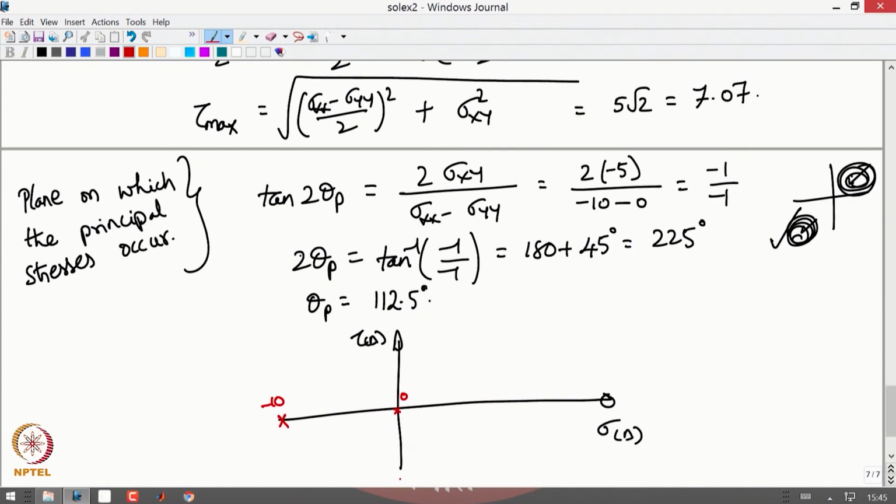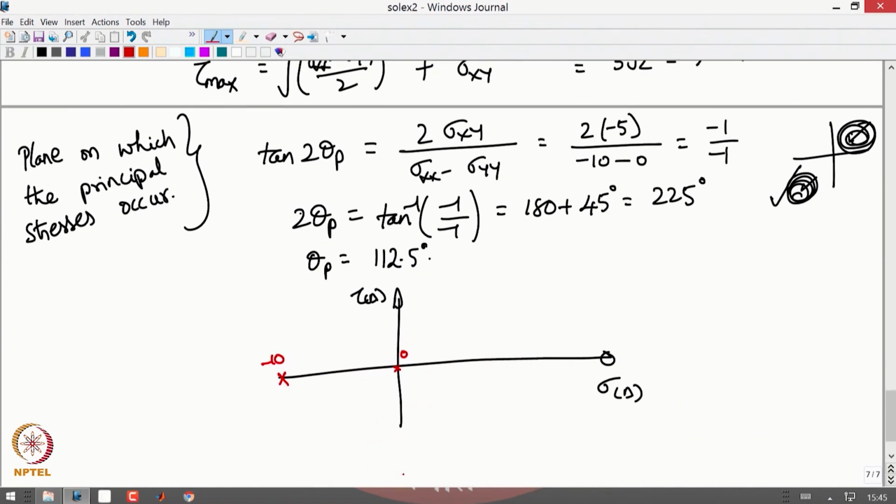Sigma in the x plane is negative, okay, which means I have to come down here, and the shear in the y plane would be positive, because you are rotating the coordinate system by 90 degrees, which will be a 180 degree rotation on the circle, which will result in the shear stress at the y plane to be positive. And the center of the circle would be at minus 5.